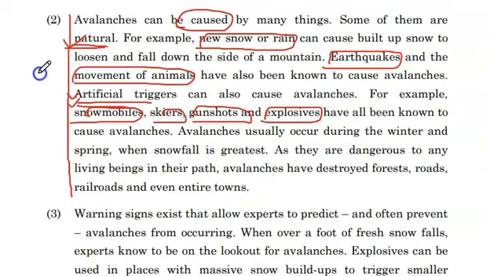But if you have to summarize this paragraph, you will say that this paragraph is talking about the causes of avalanches, which are put into two groups, natural and artificial. Natural causes are new snow or rain, earthquakes, movement of animals, and artificial causes are snowmobiles, skiers, gunshots, and explosives.